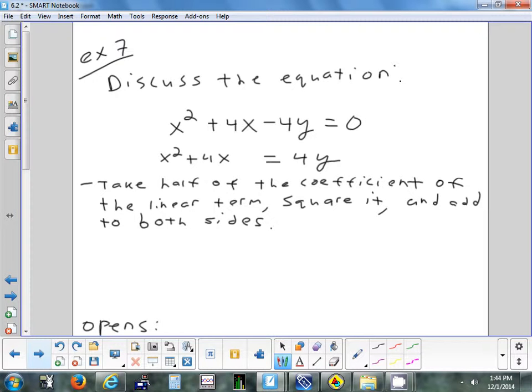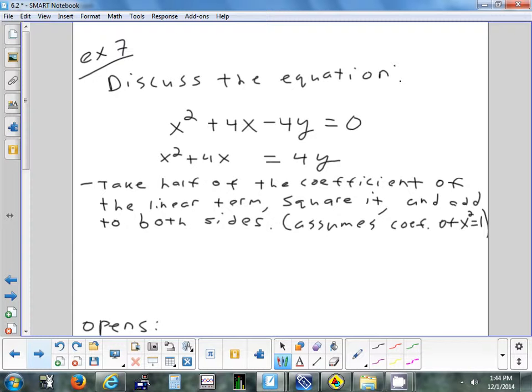Now, that assumes something, which is happening here. That assumes that the coefficient of x squared is 1. And in this case, it is.